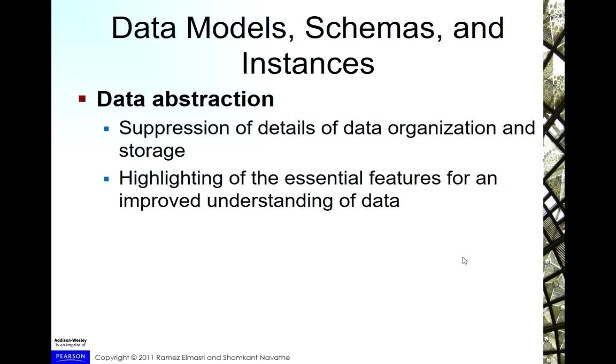You don't show the details, rather you show the big picture of the organization, the main idea. It highlights the essential features for the understanding of the database rather than the inner details of the database itself.